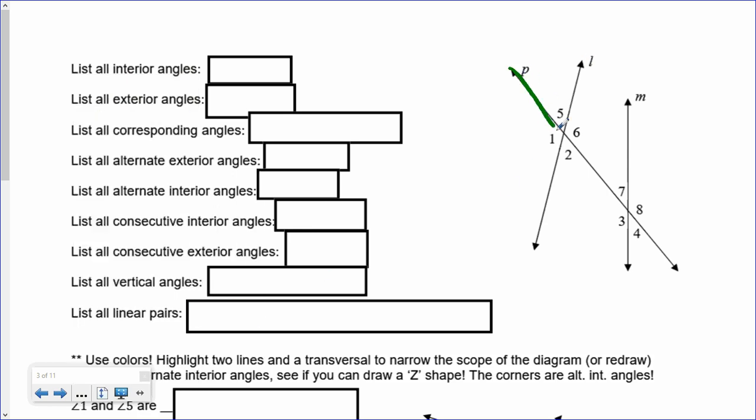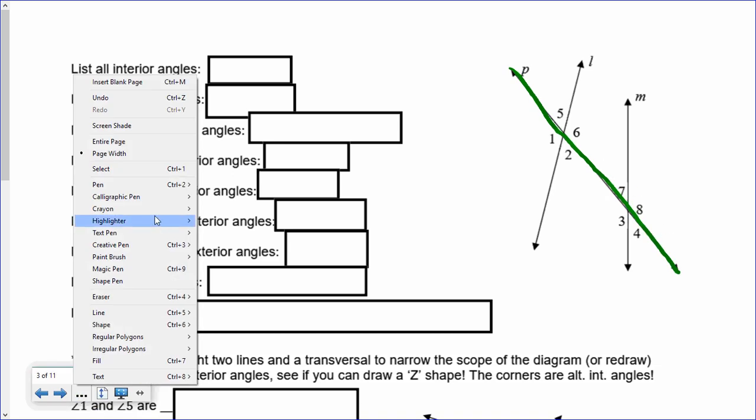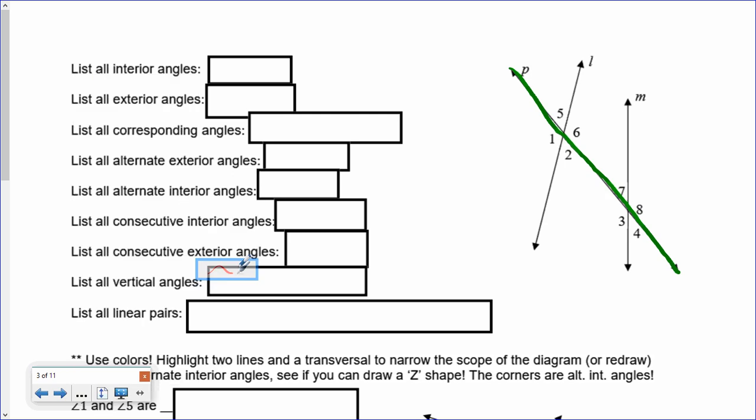I'm going to go ahead and trace the transversal in one color, and the other two lines that are being crossed by the transversal in a different color. So remember, I know this is the transversal because this is the line that's crossing the other two. All right, this line right here cannot be a transversal because it's only crossing one line. The transversal has to cross at least two lines.